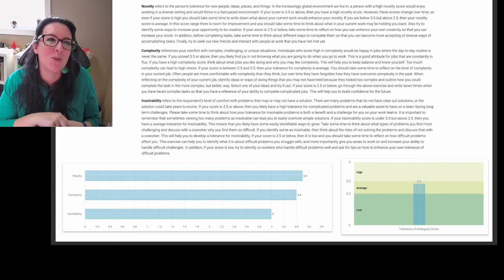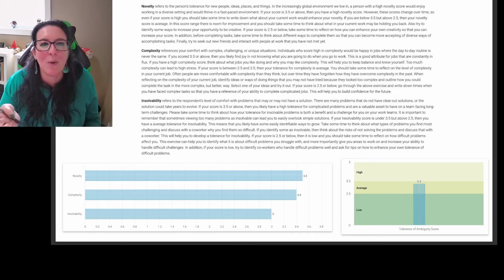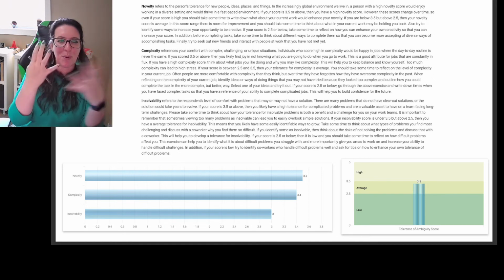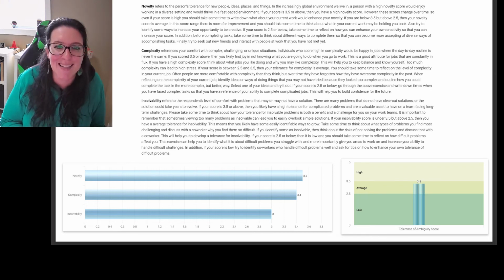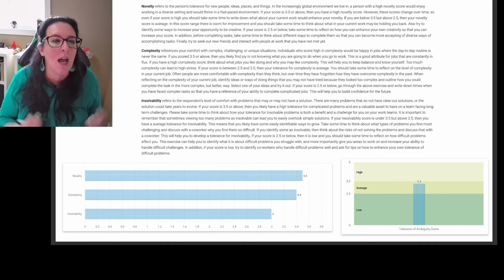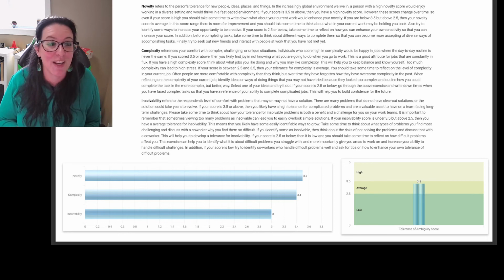So how do you deal with new issues? Then we have complexity. So here the challenge is making a decision when there's lots of moving parts, lots of pieces. How well do you do with complex situations? And then how well do you deal with insolvability? How well do you deal with problems that may not actually have a solution?